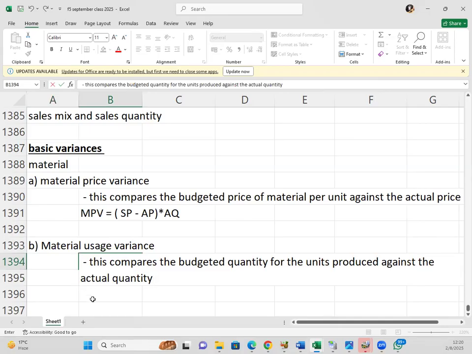This one is a bit tricky. Why? It is the budgeted quantity for the units produced. Take note of this.